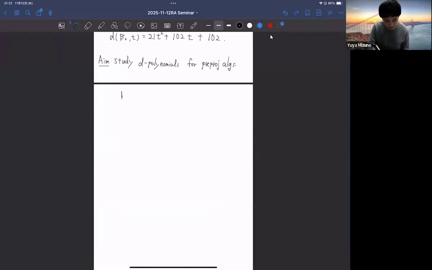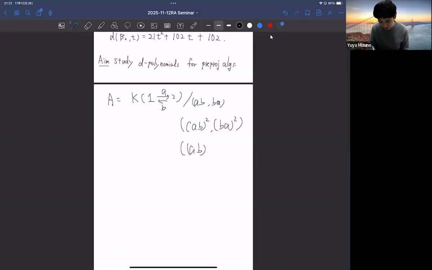For example, consider the algebra with arrows A and B, and the paths AB and BA. But we can, for example, consider AB squared, BA squared, and AB to the n, BA to the n.